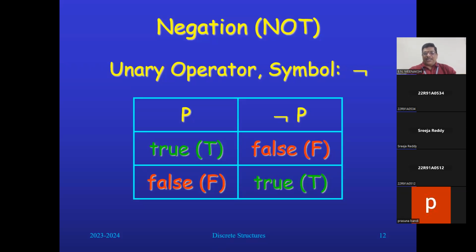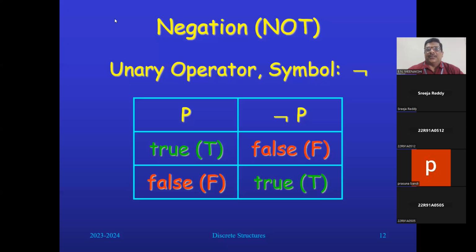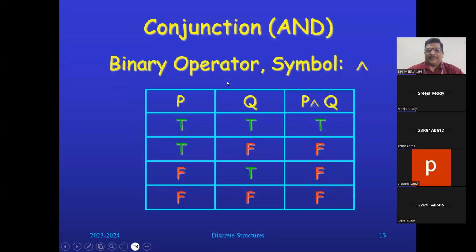If the value of P is false, the negation of P is true. This is what we call the truth value of the negation of a proposition. So for a proposition P, if the value of P is true, the negation of P is false.